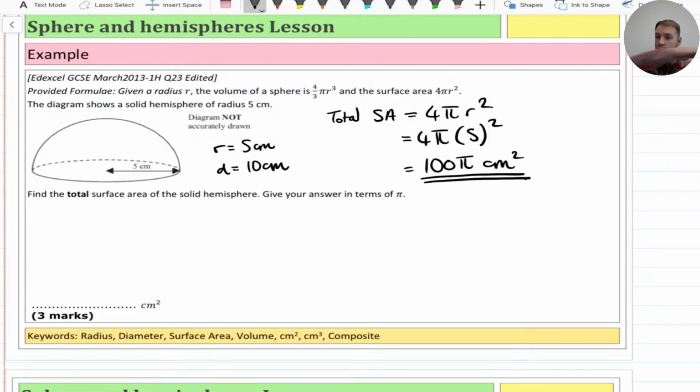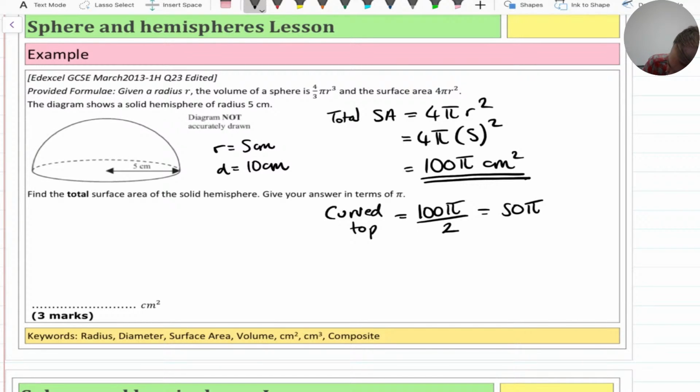Now when I cut this in half and divide it by 2, it's not the same as the volume. If I divide it by 2, you're only getting the curved top. So my curved top is equal to 100 pi divided by 2, which is equal to 50 pi.